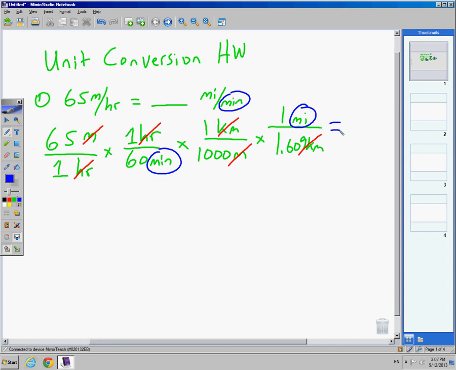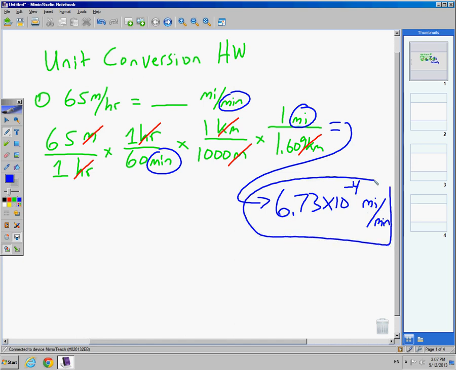If I did the math, I come up with an answer of approximately, I'm just running out of room here, so I'm going to put it down here, 6.73 times 10 to the negative 4, and I'm always going to leave my units there, miles per minute. And I'm going to box it in. That is my final answer for number 1, 6.73 times 10 to the negative 4 miles per minute.